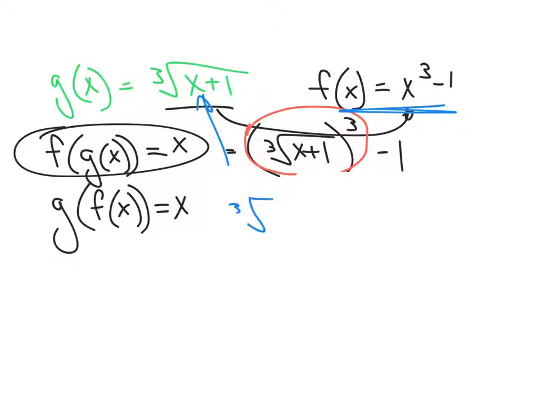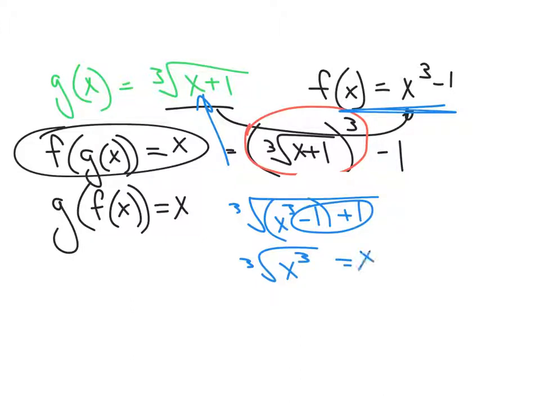So the cubed root of x cubed minus 1 plus 1, okay, equals, because those cancel, the cubed root of x cubed, which is equal to x again. So there we got it. So therefore it is an inverse. We showed that it was.